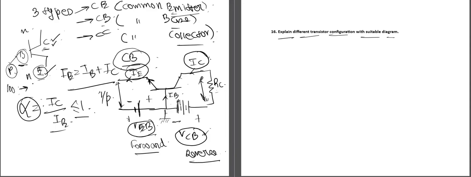So the base current is just 5 and the remaining 95 contribute to the collector current. The emitter current is almost equal to the collector current, so the ratio is somewhat less than or equal to 1. This is the expression of the current amplification factor in the CB mode.